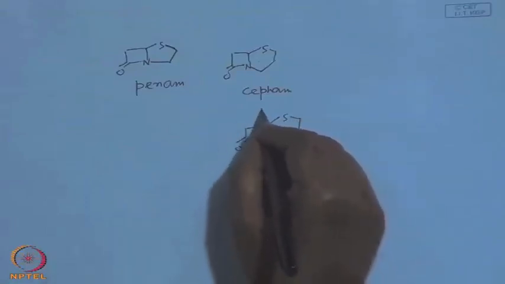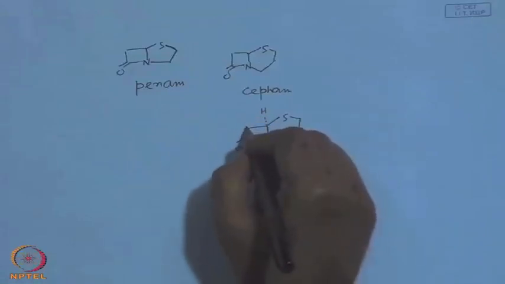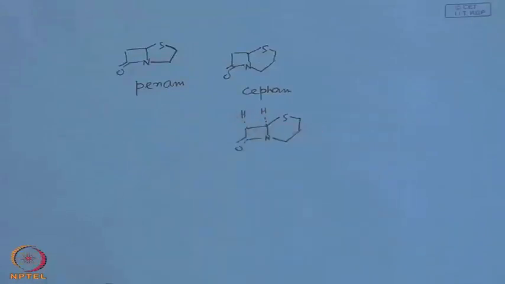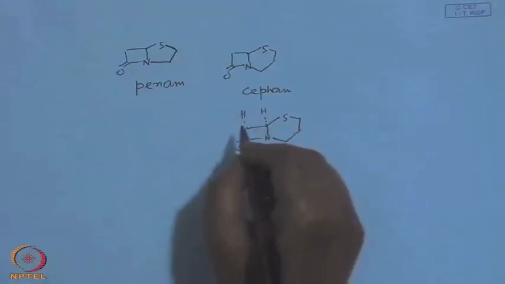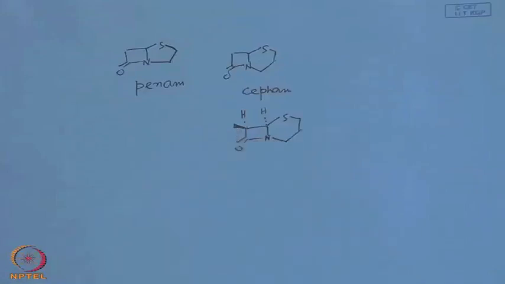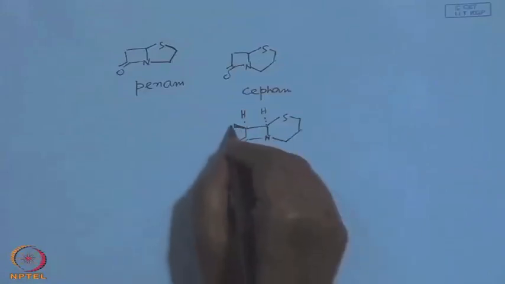The structural features here: you have cis hydrogen, that you have to remember. And those who have studied the chemistry of penicillins would know this particular position is occupied by one heteroatom, nitrogen. So penicillin G was one of the earliest antibiotics, and penicillin G must have an amino group up here.